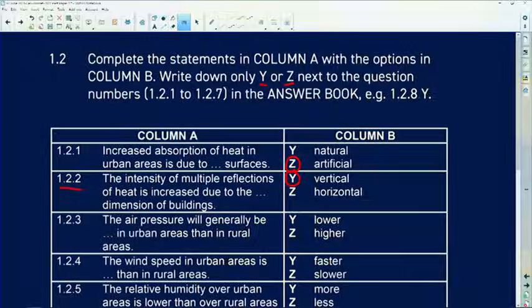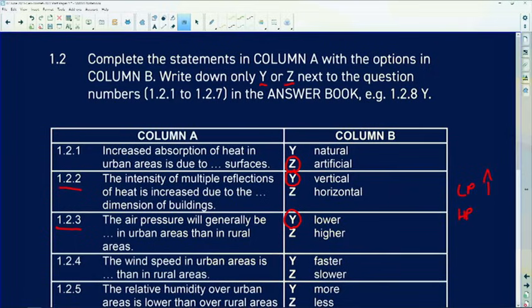If we look at question 1.2.3, the air pressure will generally be higher or lower in urban areas than in rural areas. And the correct answer will be lower. The simple reason why, we just mentioned it. What happens with low pressure? The air rises.